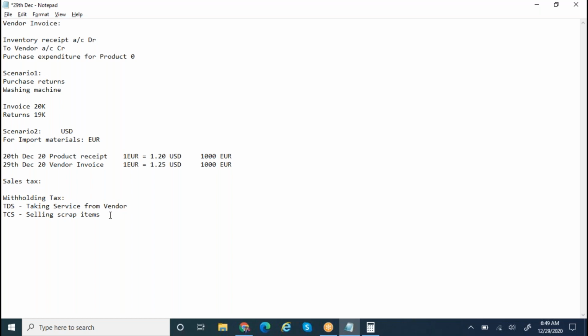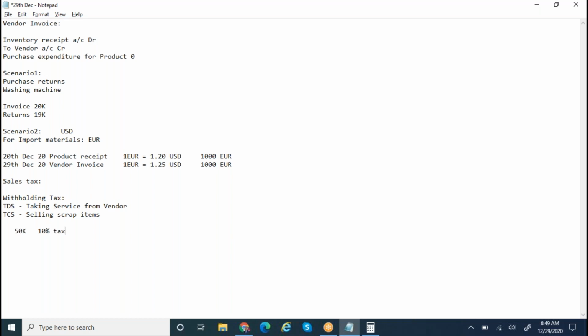What it means, I will give you an example in INR. Suppose I'm taking services from a vendor worth 50,000. If 10% is the tax, this 10% you need to deduct from the vendor, and you need to pay the remaining 45,000 only to the vendor.